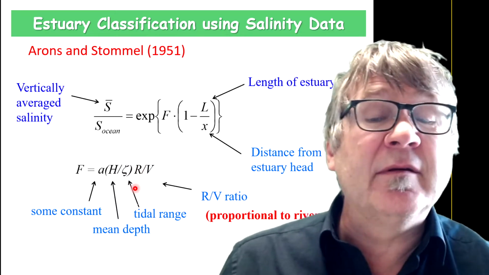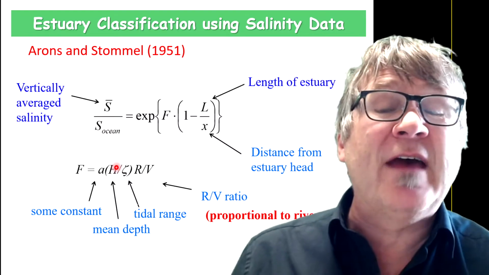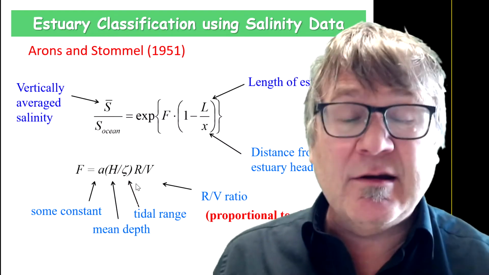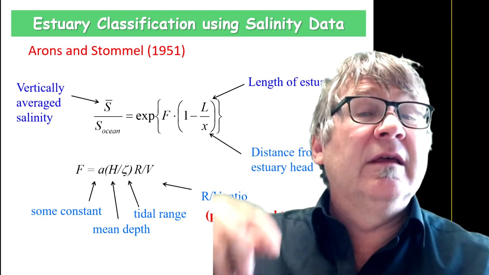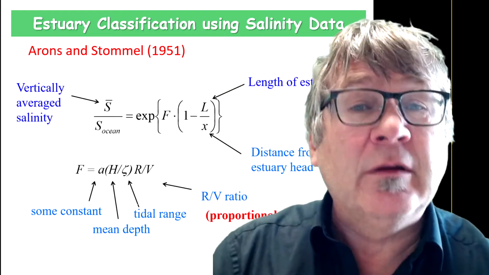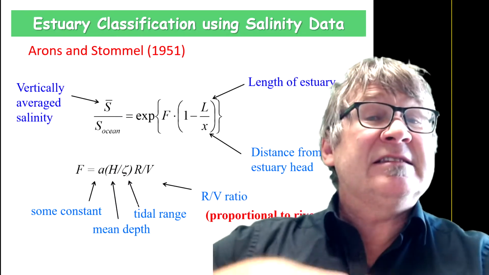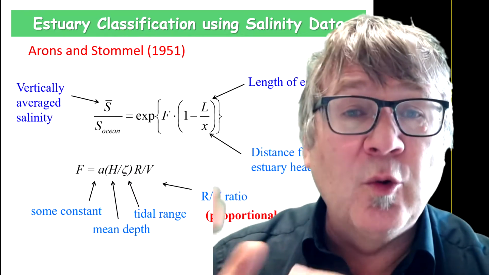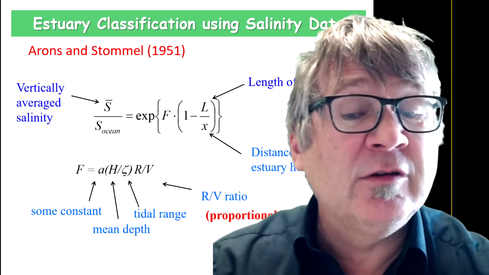This varies the magnitude of F, because R, as you already learned, is the inflow of river water, the volume of it per tidal cycle. It's the river discharge rate, the volume transport into your estuary.